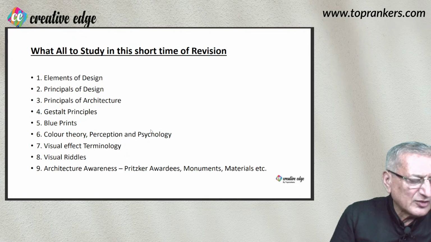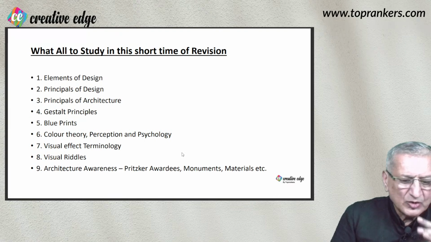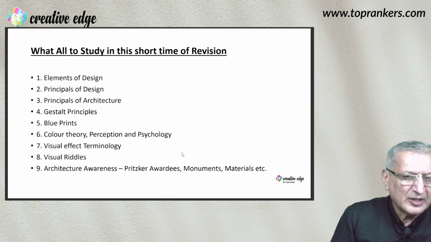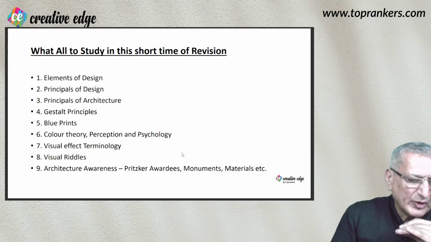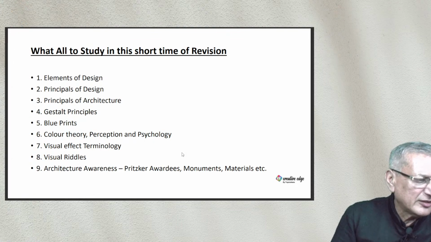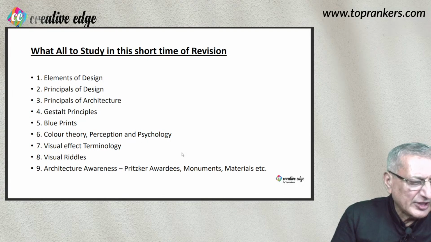Then visual riddles. We did so many of them, and a lot of candidates are really panicking. You need to just practice about 100 visual riddles. We are left with 4 days, so 50 riddles a day can very easily be found and studied. Practice for 30 seconds what all is to be seen and worked out.